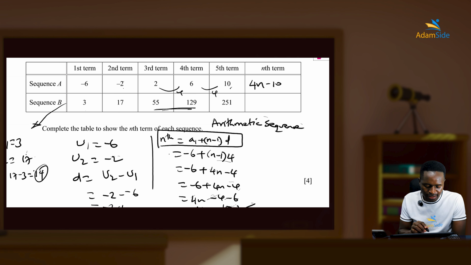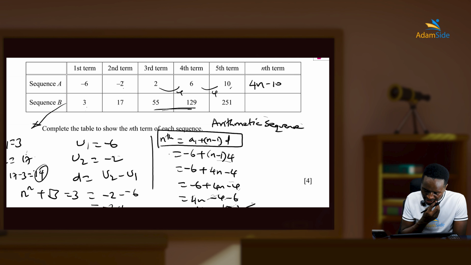Assume your n is 1, so this is the first term. To get 3, we are going to use the n rule. If n is 1, then n to the power n plus something we don't know should be equal to 3.